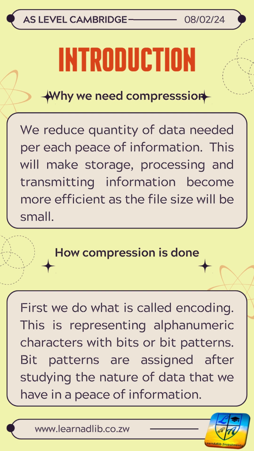So to encode is to allocate bits or bit patterns to each character in letters. You still remember, if you go into your book, maybe we did not talk about it in detail. We were supposed to come back to it. I shall come back to it.